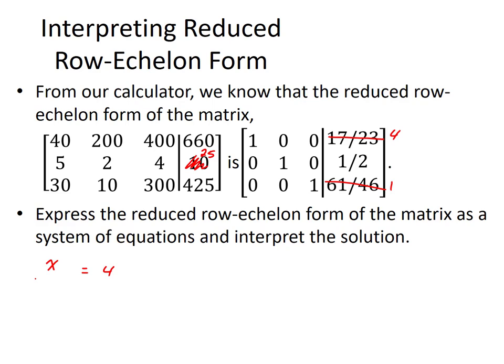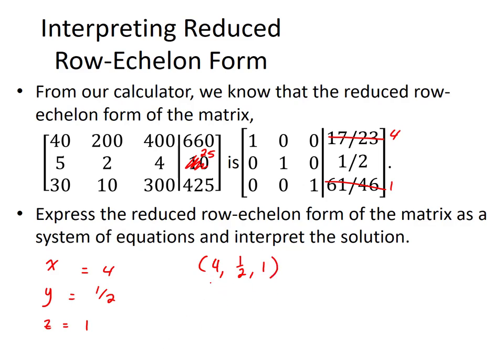The second row is 0x plus 1y plus 0z equals 1/2. Third row is 0x plus 0y plus 1z equals 1. So I've written these as x equals 4, y equals 1/2, z equals 1. And this is an ordered triple, parentheses, 4, comma, 1/2, comma, 1, close parentheses.